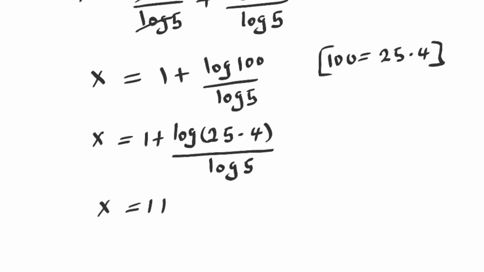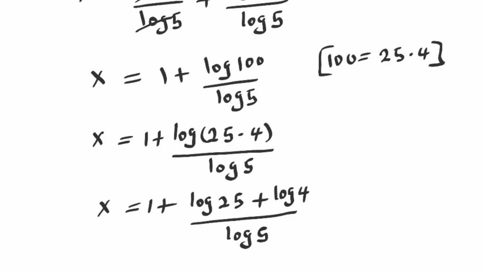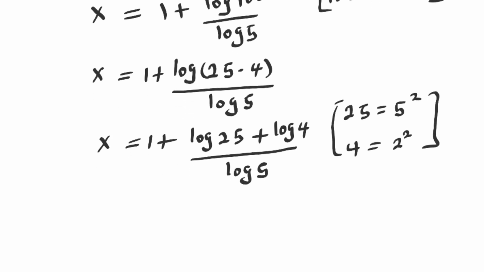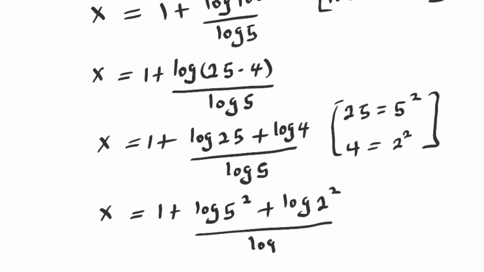This can be written as 1 plus log 25 plus log 4 over log 5. 25 is equal to 5 squared, and 4 is equal to 2 squared. So x is equal to 1 plus log 5 squared plus log 2 squared over log 5.